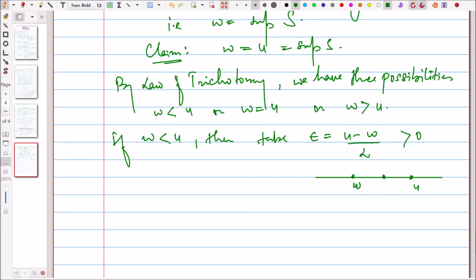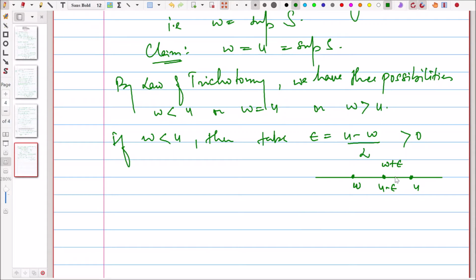So this number will become W plus epsilon, and then by the Archimedean property we will find a natural number n such that 1 by n is less than epsilon. And this number is U minus epsilon.